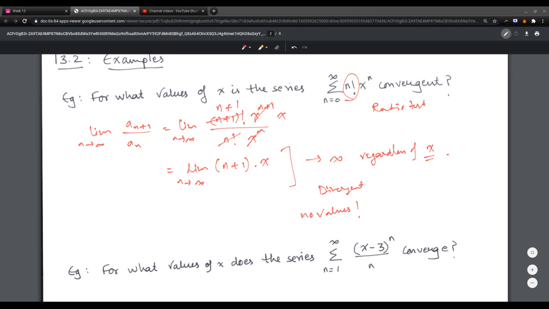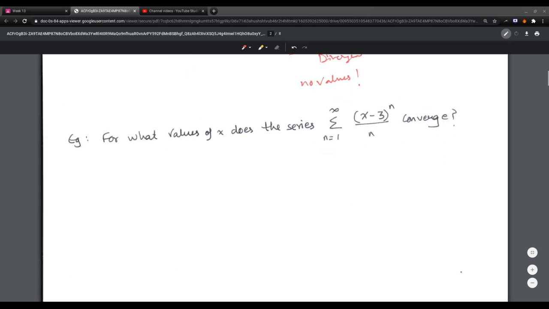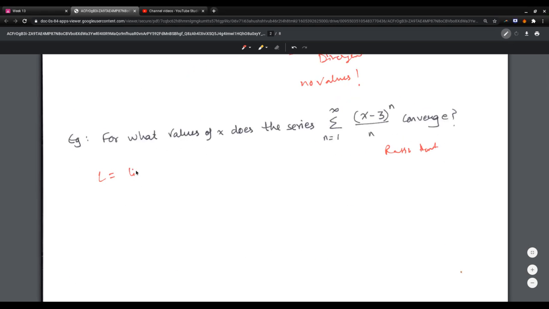Let's look at another example. For what values of x does this series converge? Again, let's use the ratio test one more time. The ratio test says that the ratio is going to be the limit of x minus 3 to the n plus 1 over n plus 1, divided by this term. Now this cancels out, and I'm left with the limit as n goes to infinity of n over n plus 1 times x minus 3.